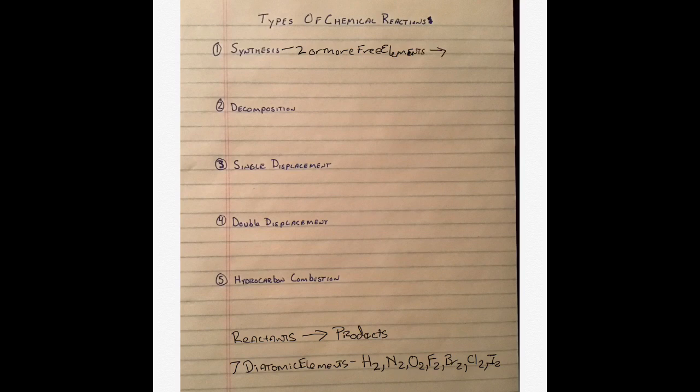Now, the 5 types of reactions that we'll look at, the first of those is a synthesis reaction, which is characterized by 2 or more free elements making a single compound. So some examples of those, if we take H2 plus O2, and it will make H2O.